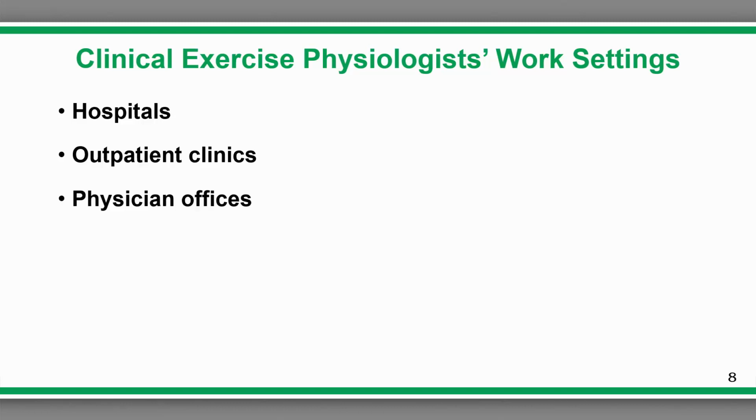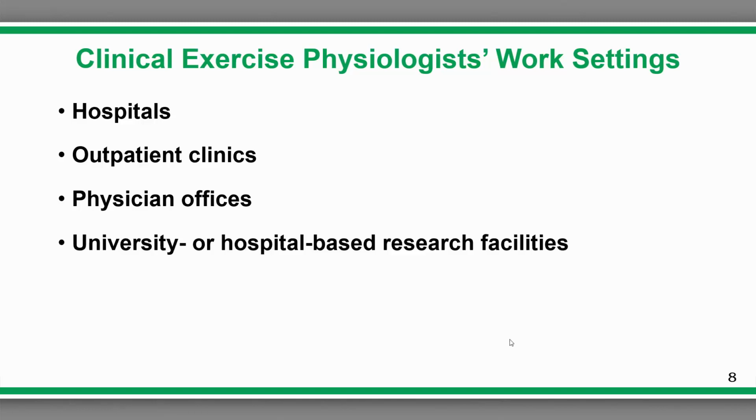Physician offices will often employ clinical exercise physiologists, and university and hospital-based research facilities will very much necessitate the involvement of clinical exercise physiologists. So this ends the first part of our Unit 1 lecture.